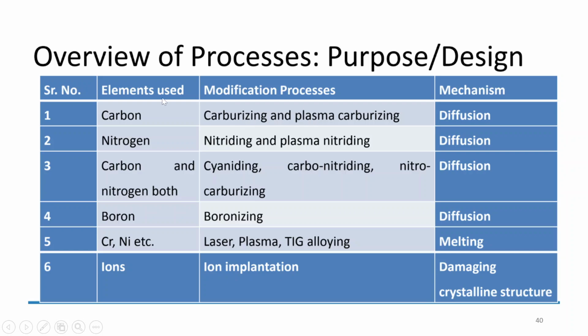Through diffusion, carbon goes into the surface area of the component. As carbon goes into the surface region, there is more chance of formation of martensite in the surface area. So it becomes hard at the surface while the core part has a tougher region.